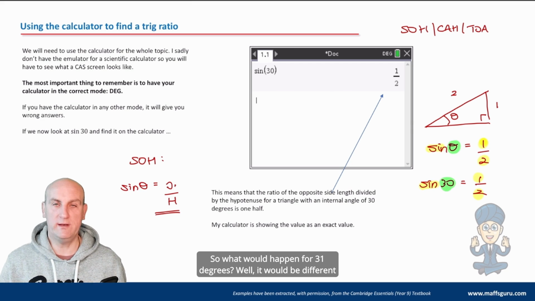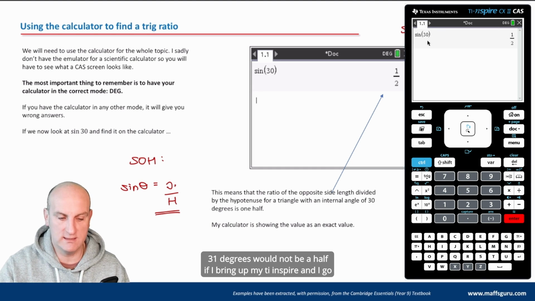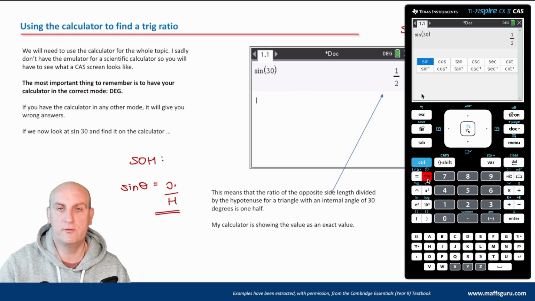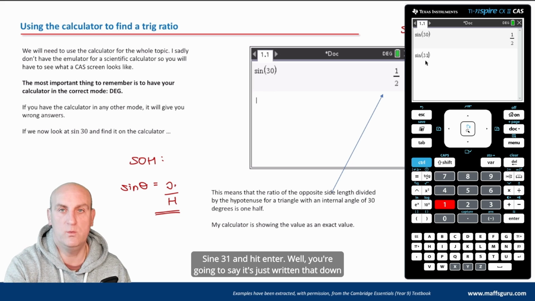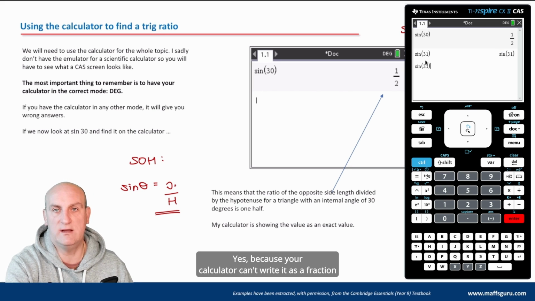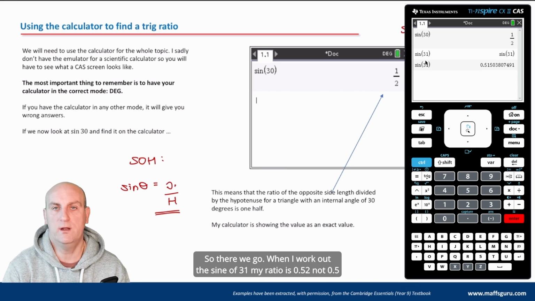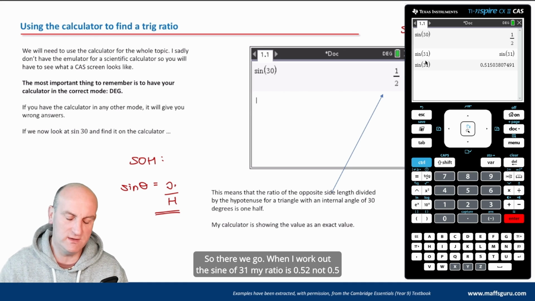What? So what would happen for 31 degrees? Well, it would be different. 31 degrees would not be a half. If I bring up my TI Nspire and I go trig sine 31 and hit enter, well, you're going to say it's just written that down. Yes, because your calculator can't write it as a fraction. So there we go. When I work out the sine of 31, my ratio is 0.52, not 0.5.